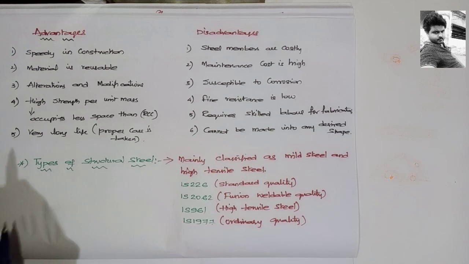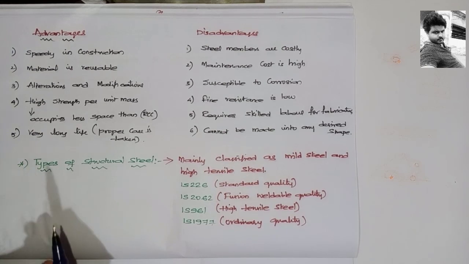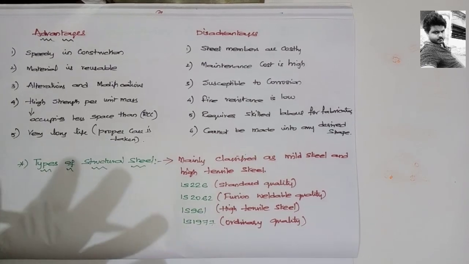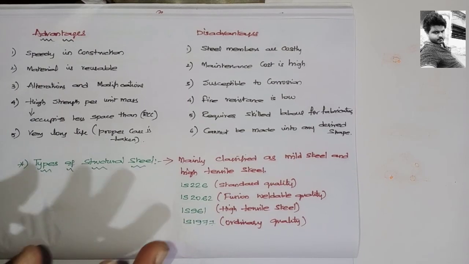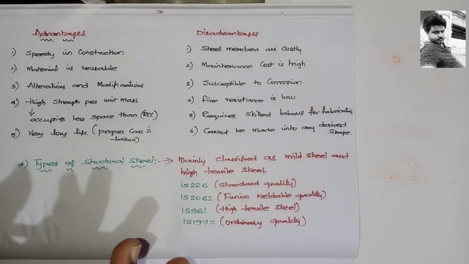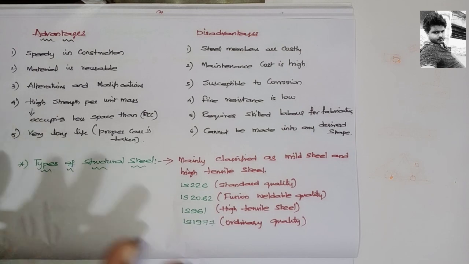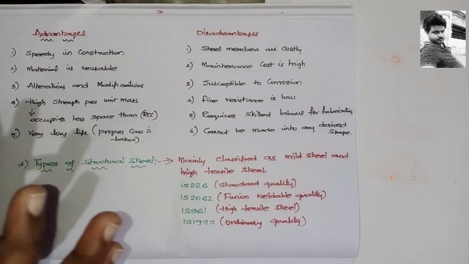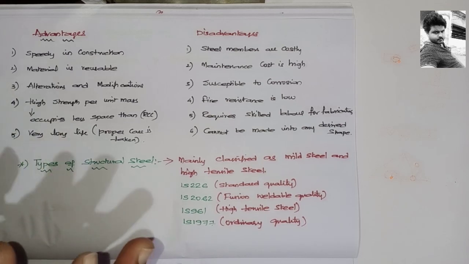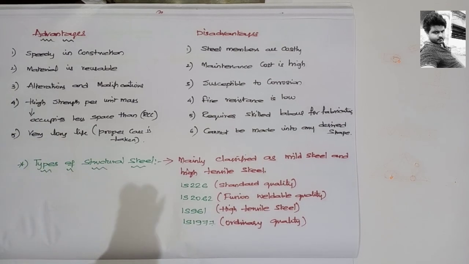Coming to the advantages and disadvantages of steel structures with respect to reinforced concrete structures. If I construct a building with reinforced concrete, we go for formwork, we go for casting, and we cure for a minimum of 14 to 28 days depending upon the type of structure.